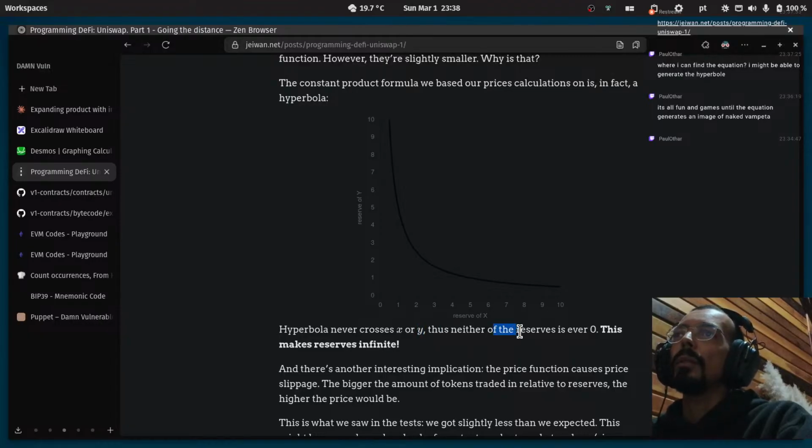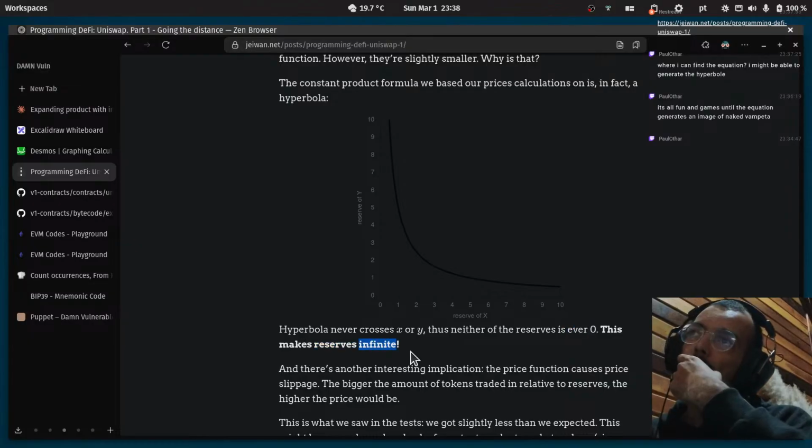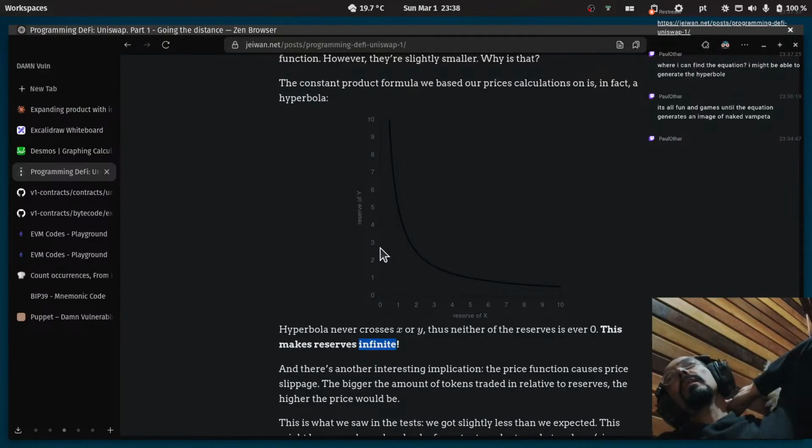Thus neither of the reserves is ever zero. This makes reserve infinite. Okay, this is a new formula, right? Oh wait, no, that's not the new formula. That's the constant formula, indeed.